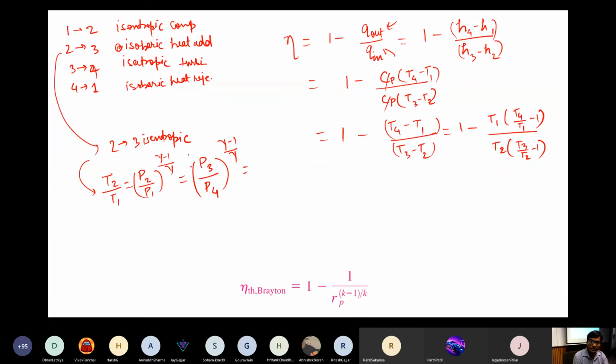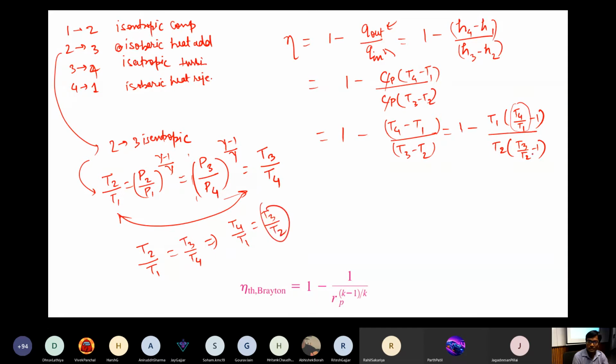In terms of temperatures, I can write T3 by T4. So the temperature relation is T1 by T2 equal to T3 by T4, which I can write as T4 by T1 equals T3 by T2. So this we can cancel.